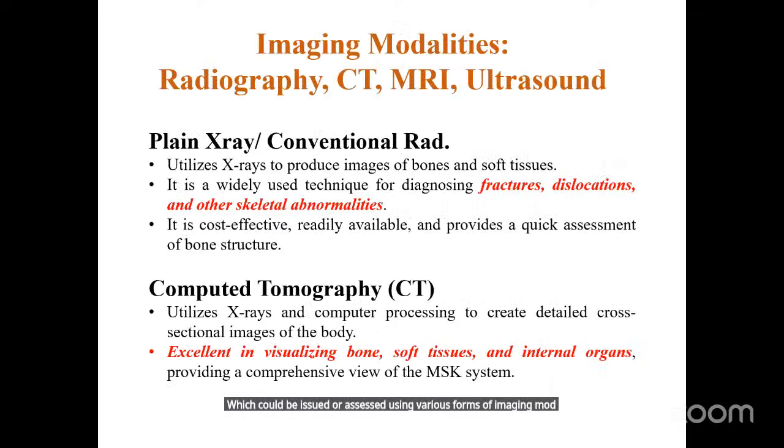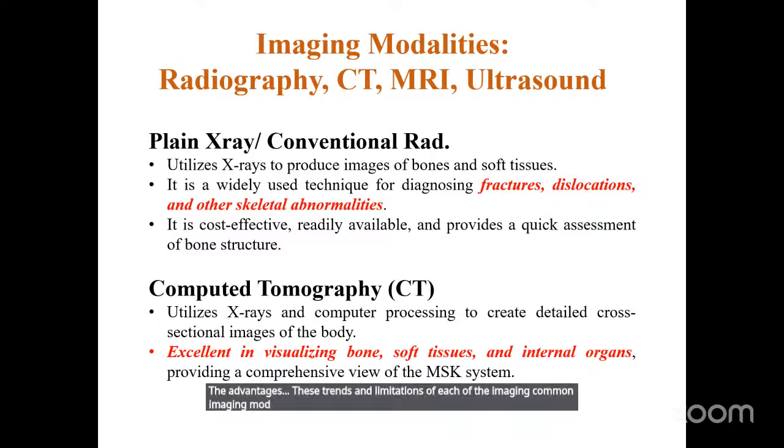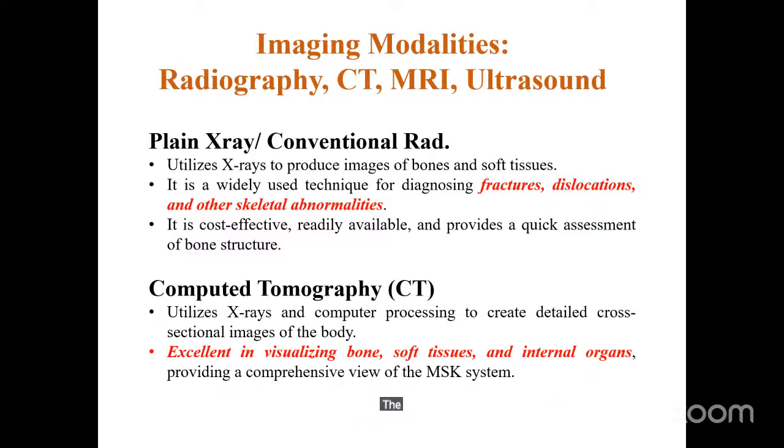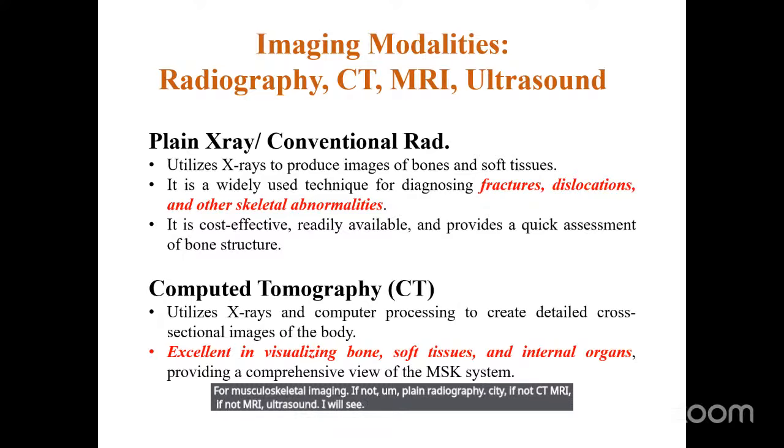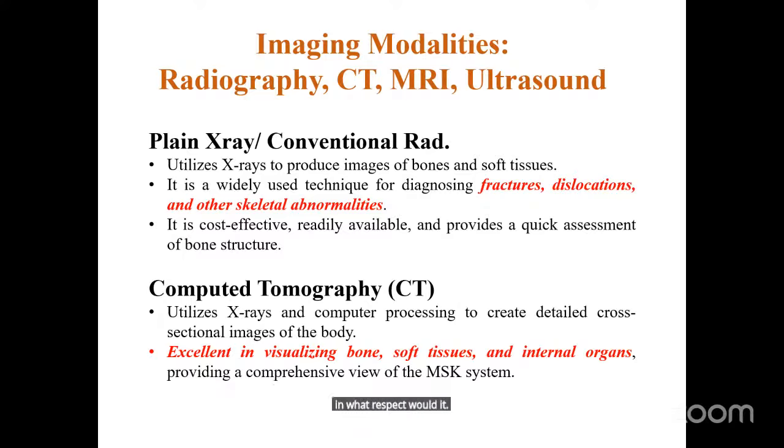So we'll be discussing the advantages, the strengths and limitations of each of the common imaging modalities we use for assessing the musculoskeletal system. I call them the big four for musculoskeletal imaging. If not plain radiography, CT; if not CT, MRI; if not MRI, ultrasound. I will see in what respect each would be a topical candidate for patients' benefit.